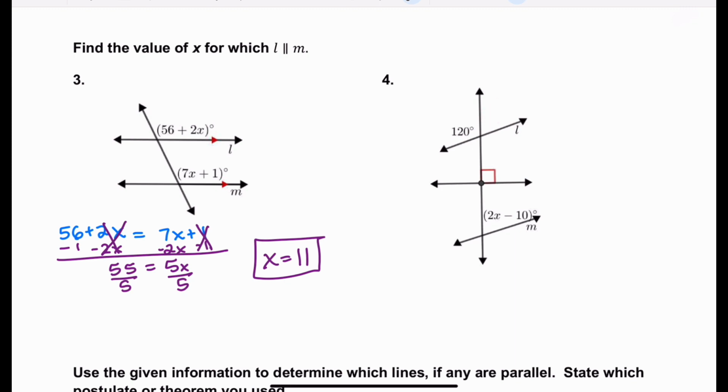So I know that this angle here has to be 60 degrees. This angle is corresponding to that, so that also is going to be 60 degrees. So I'm going to say 2x minus 10 has to equal 60. I'm going to add 10 to both sides. 70 equals 2x. 2 times 35 is 70, so that's the same as dividing by 2. So x is going to be 35.